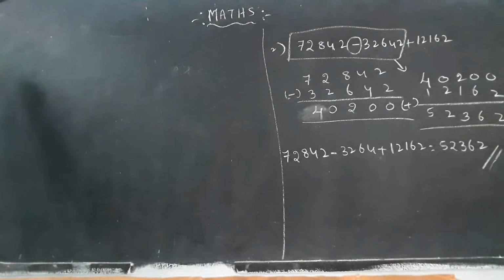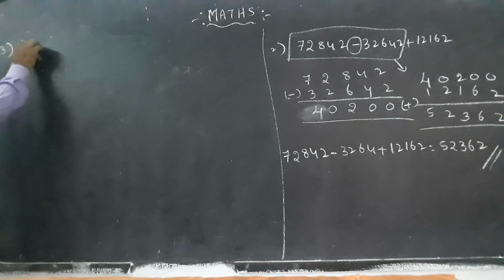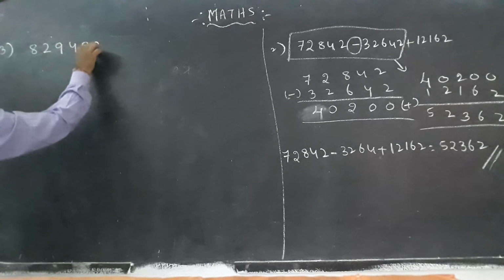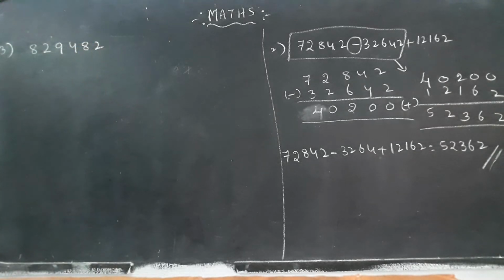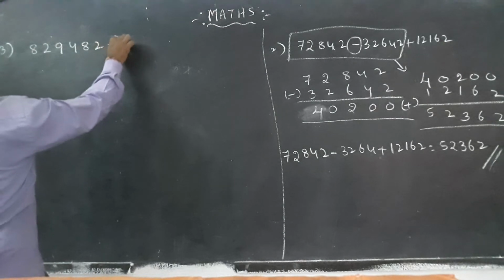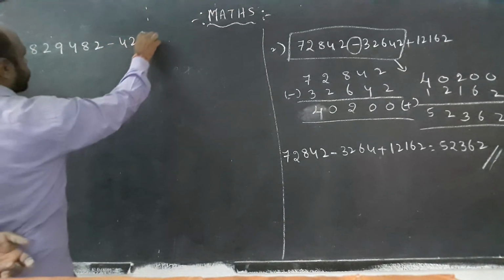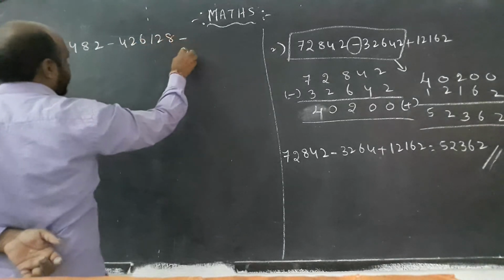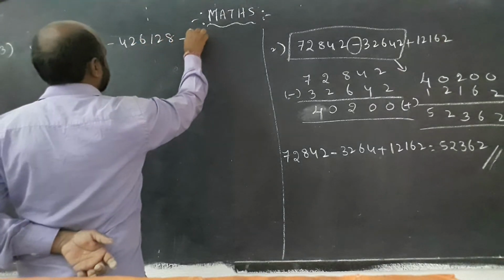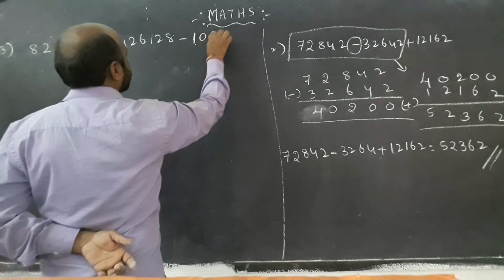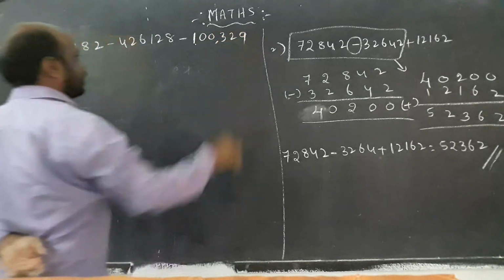The third one, same. Now I will take a 6-digit number: 8,29,482 minus 4,26,128 minus 1,329.